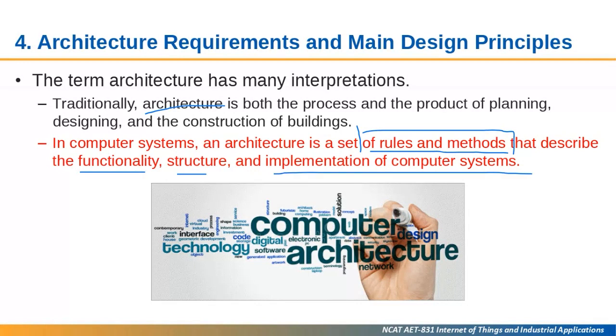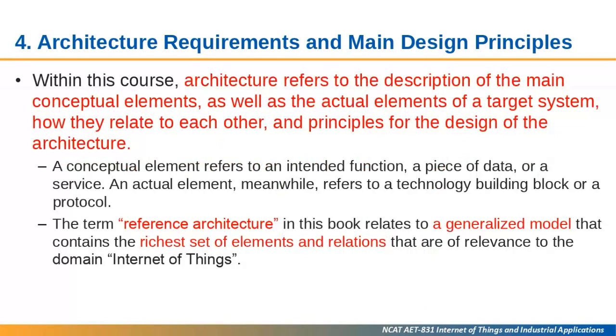The keyword here is that it is a set of rules, and basically they describe how the different components and different functions of a computer system should be put together. To be more specific to this course, architecture refers to the description of the main conceptual elements as well as the actual elements of a target system and their relations to each other.